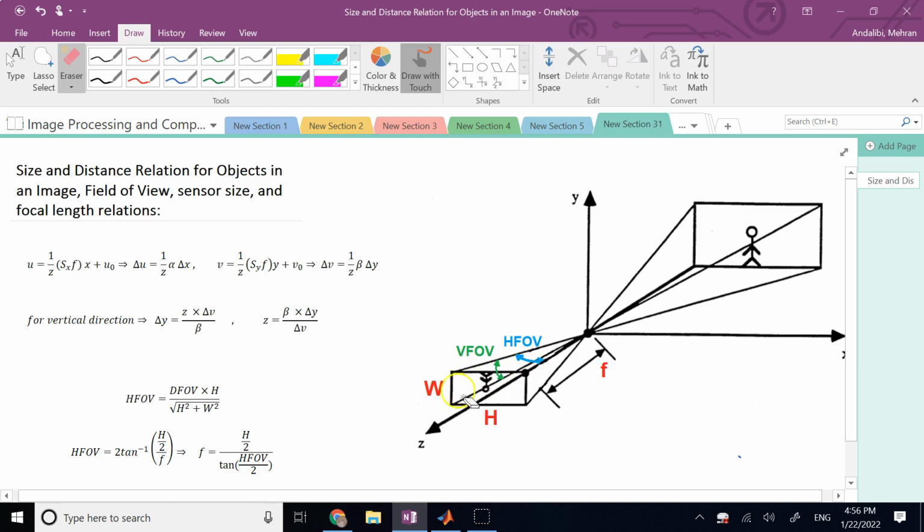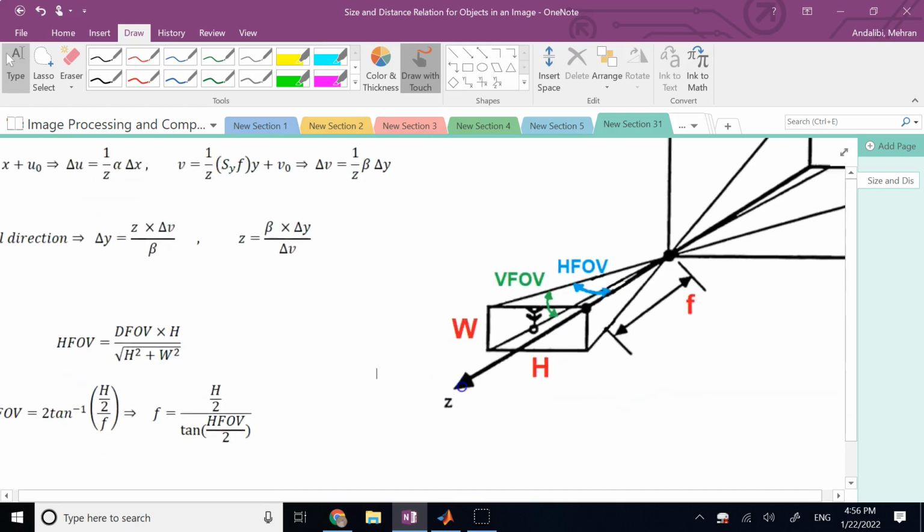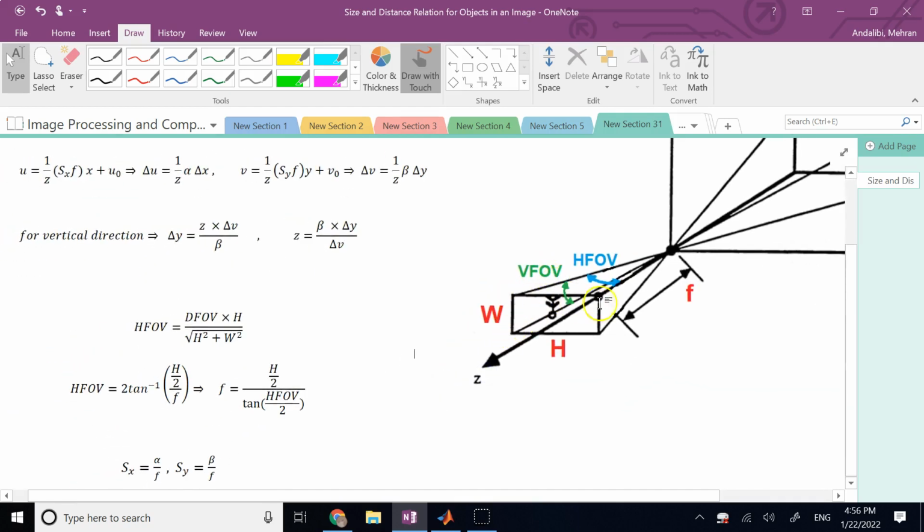And you can even define a diagonal one, where the relation between diagonal, horizontal, and vertical comes from a simple Pythagorean theorem. So here, if you consider the size of the camera CCD, the size of the sensor, to be h mils by w mils for horizontal and vertical directions, then the diagonal of this sensor is going to be the square root of h squared plus w squared.